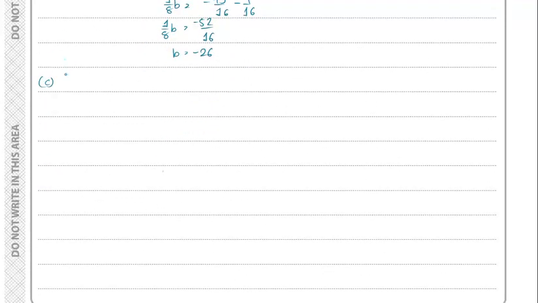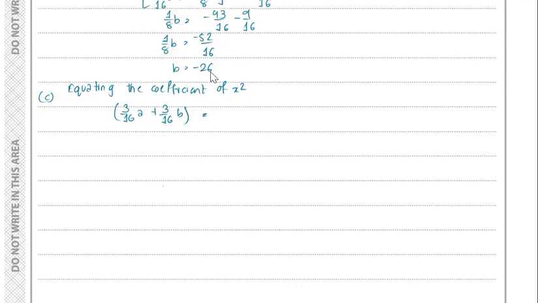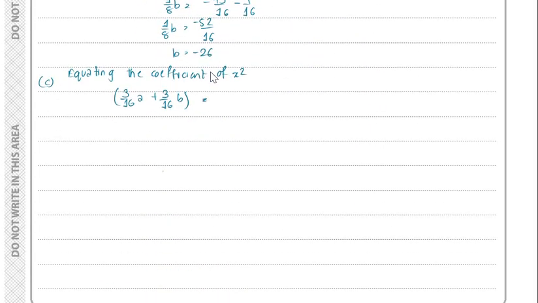So equating the coefficient of x squared, 3 by 16a plus 3 by 16b is equal to c.